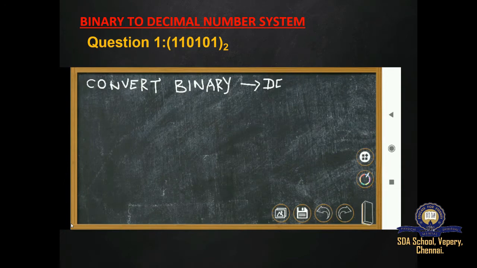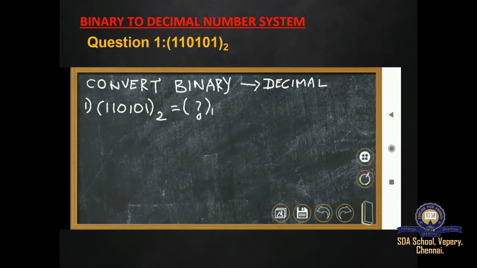Take your classwork and do along with me. Kindly watch the video and do along with me. Now we are going to convert the binary to decimal number. The first question is the binary value 110101. We have to find the decimal number.